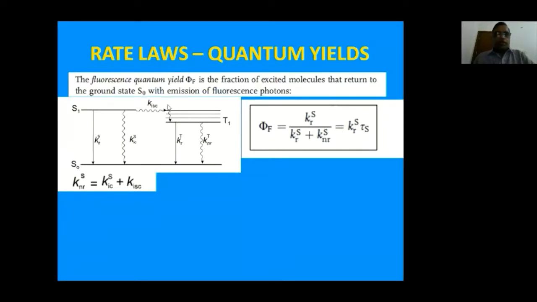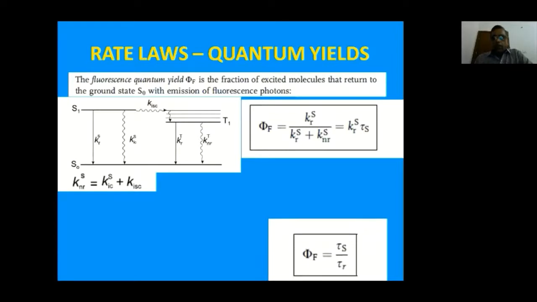Non-radiative is competing with the radiative, and non-radiative is the sum of internal conversion and inter-system crossing. They are all put together. We also already said the singlet lifetime is equivalent to 1 over k_RS plus k_NRS. So you can also write the quantum efficiency of fluorescence as the radiative rate constant multiplied by the lifetime of the singlet state. That is how you define the quantum efficiency from the rate laws.